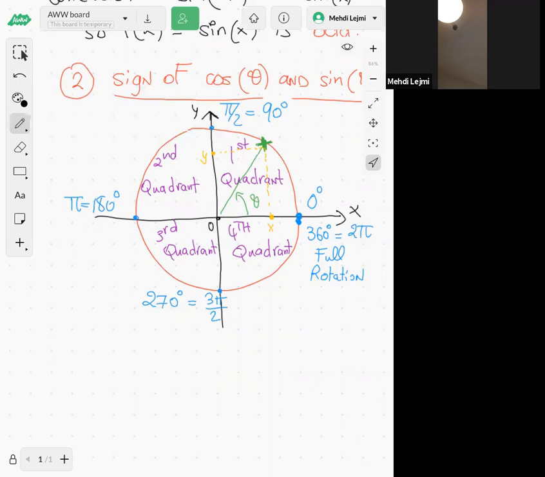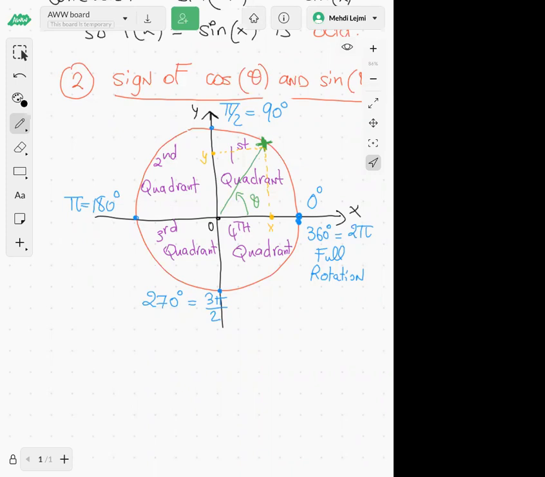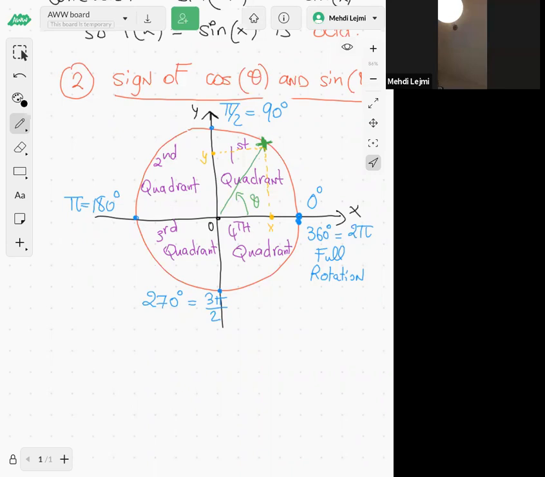Which means that sine and cosine are going to be positive in the first quadrant. So let me make a table here. First quadrant: cosine is positive and sine is also positive.